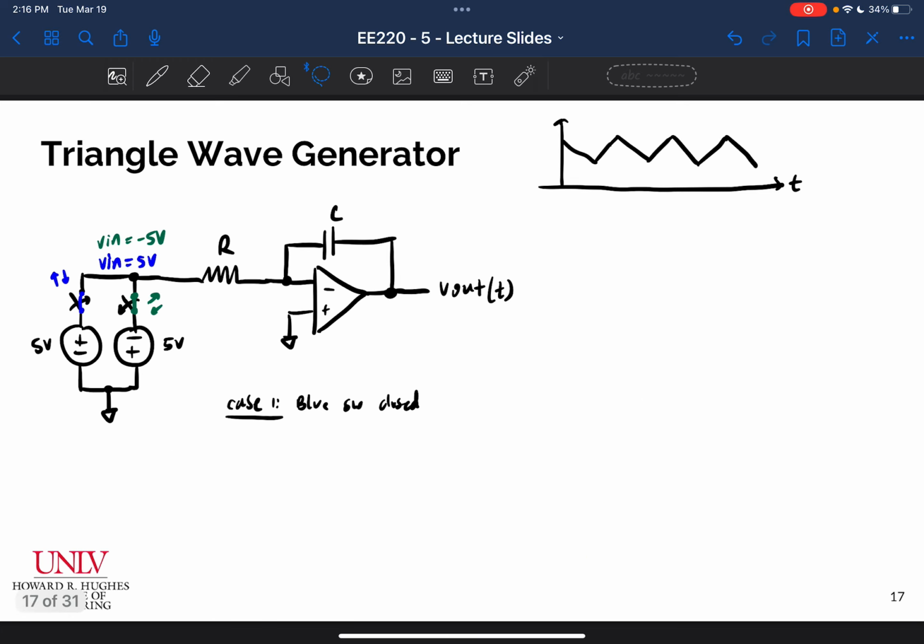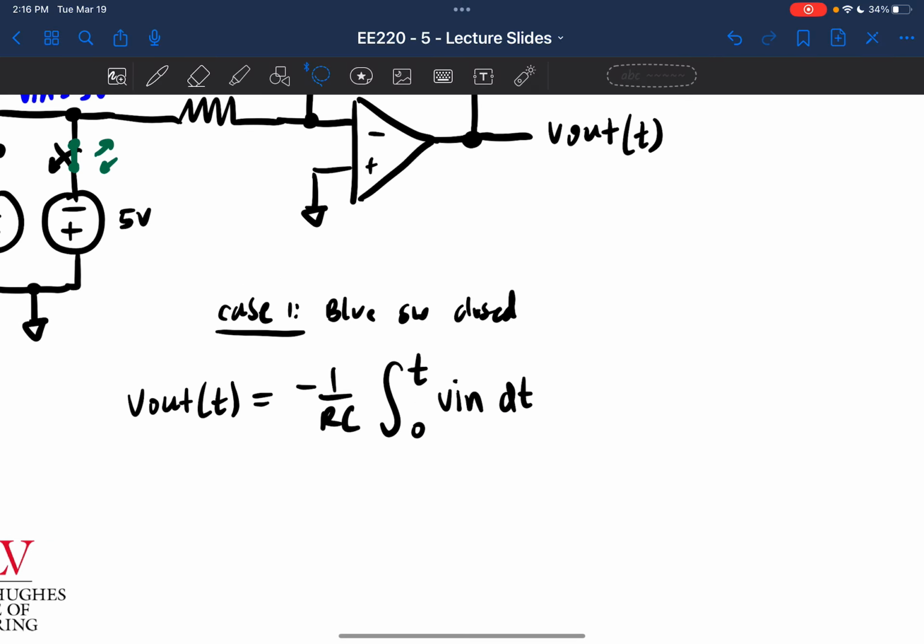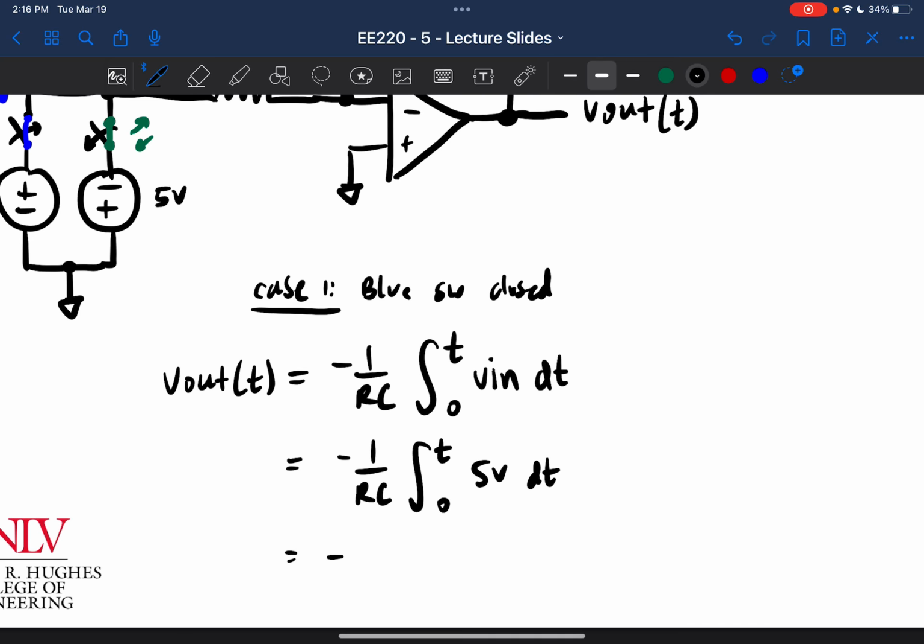I would have V out equal to negative 1 over RC times the integral from 0 to t of V in, which would be negative 1 over RC times the integral from 0 to t of 5 volts dt, which would give me negative 1 over RC times 5t for V out of t.